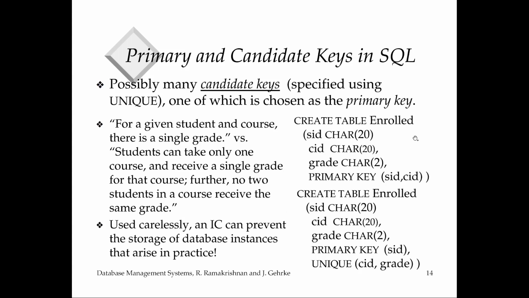And again, as you do more and more examples of this, you'll start seeing how to select your keys given the domain that you're trying to model. And if you want to have extra keys, you can specify them with this unique constraint.